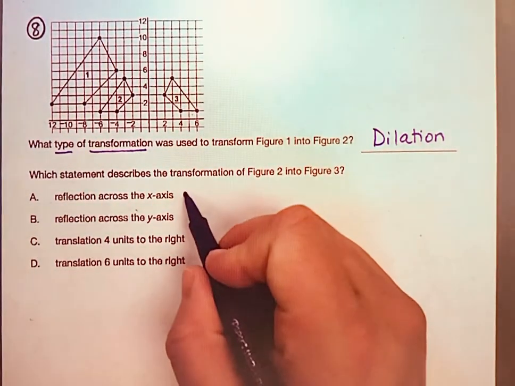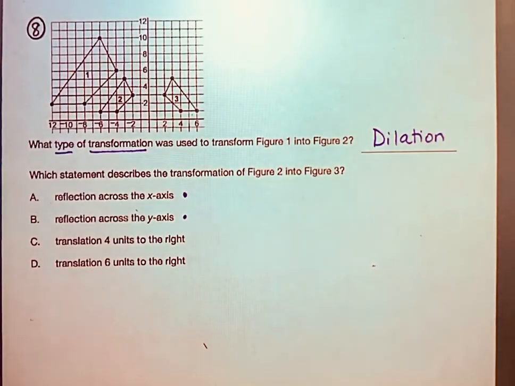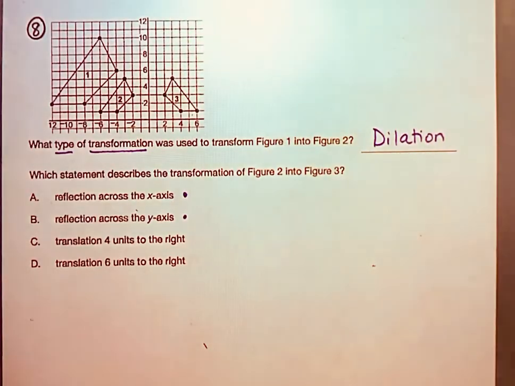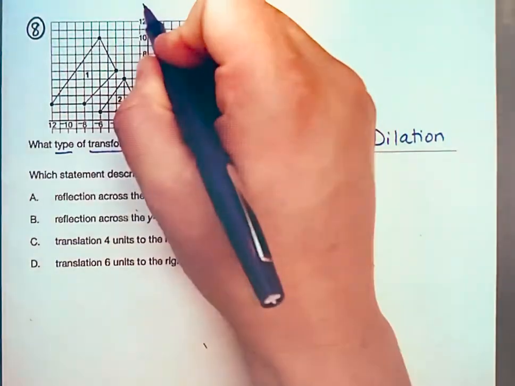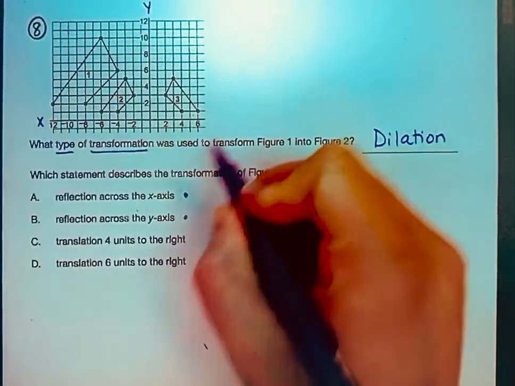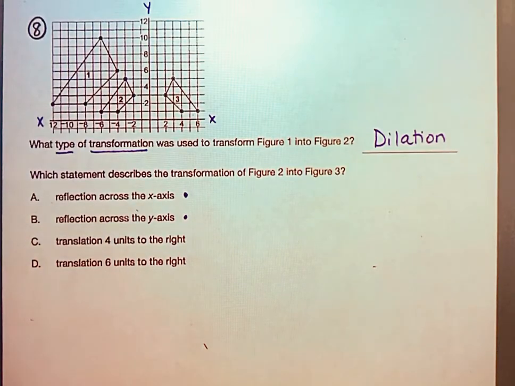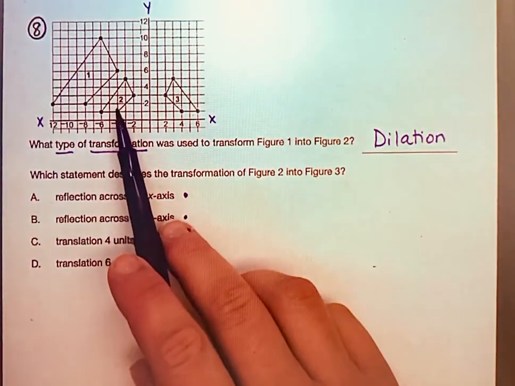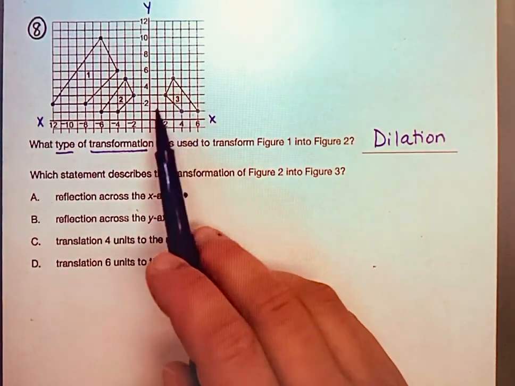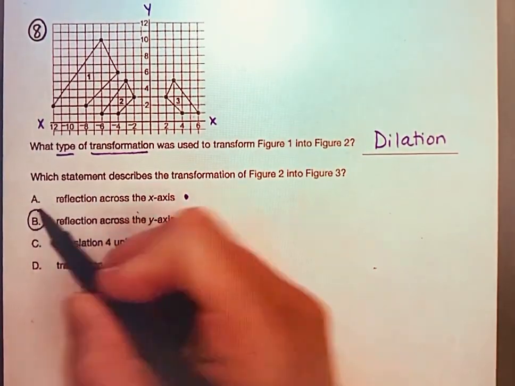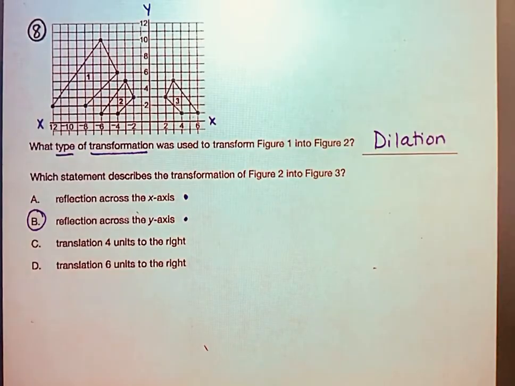So I know it's either going to be a reflection over the x-axis or y-axis. And notice, normally they label the axes for you, and here they did not. So you are expected to know that this is the y-axis and this is the x-axis. So what axis did it flip over? From left to right, it flipped over the y-axis. So B is the correct answer there.